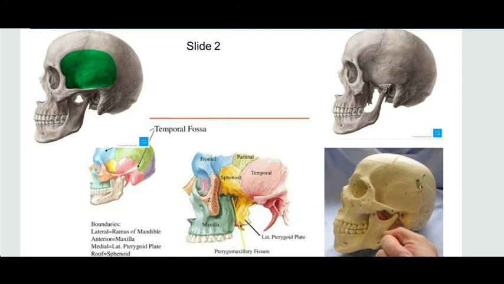The lateral area of middle cranial fossa is related anteriorly to the orbit, and laterally to the temporal fossa.